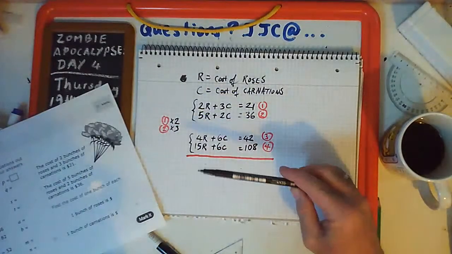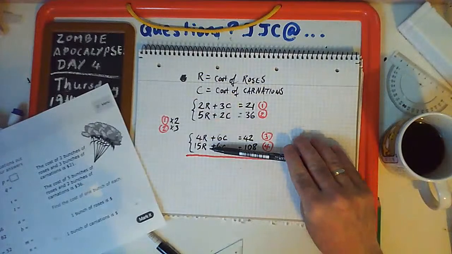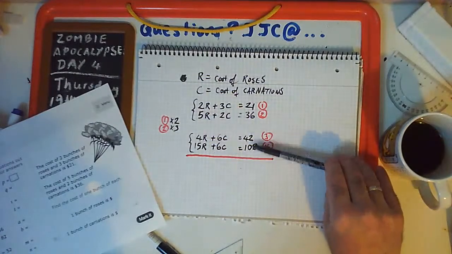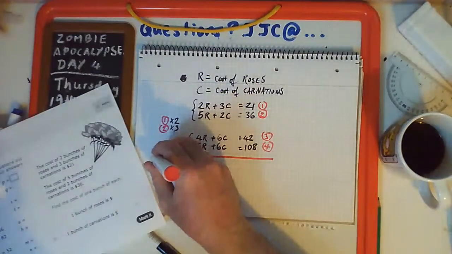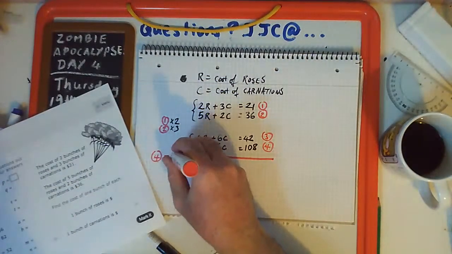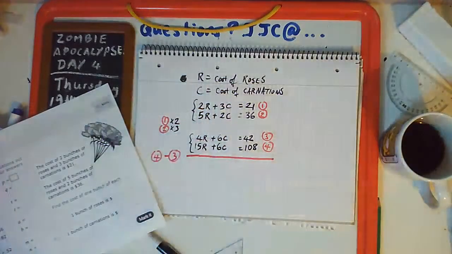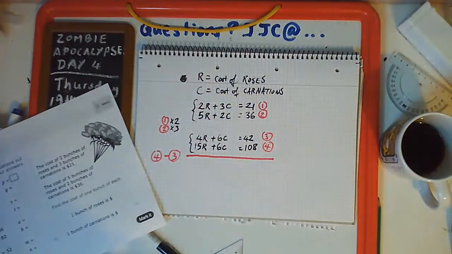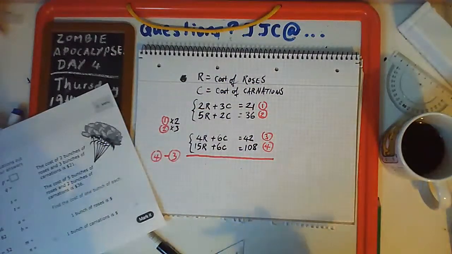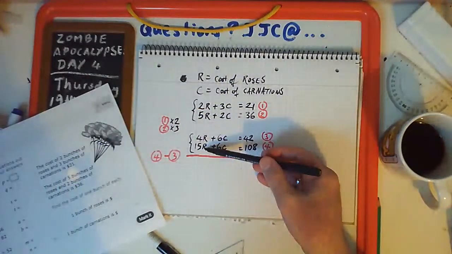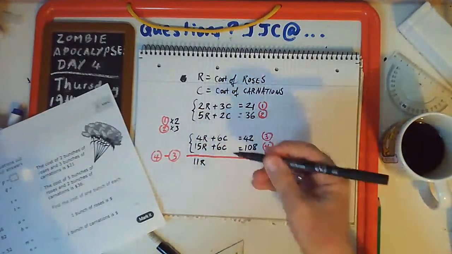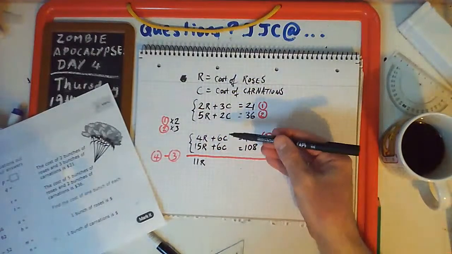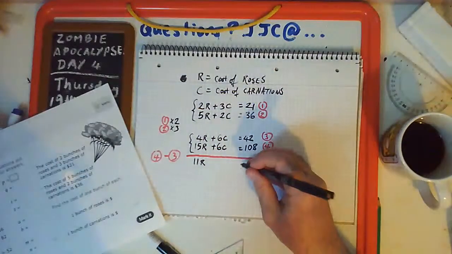Now, looking at this, I happen to notice that the numbers at the bottom are a lot bigger than the numbers at the top. So it makes sense to do everything in equation 4 minus everything in equation 3 this time round, just to avoid going too much into minus numbers. So 15R minus 4R makes 11R. 6C minus 6C, nothing, disappears.